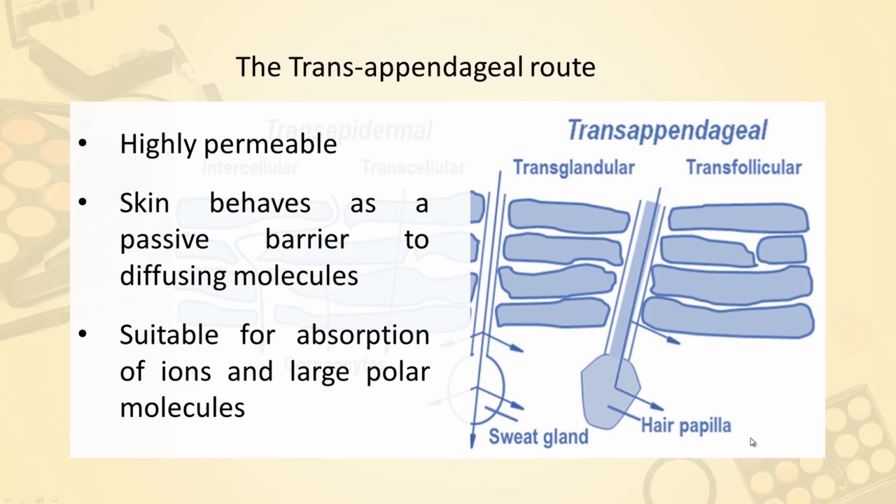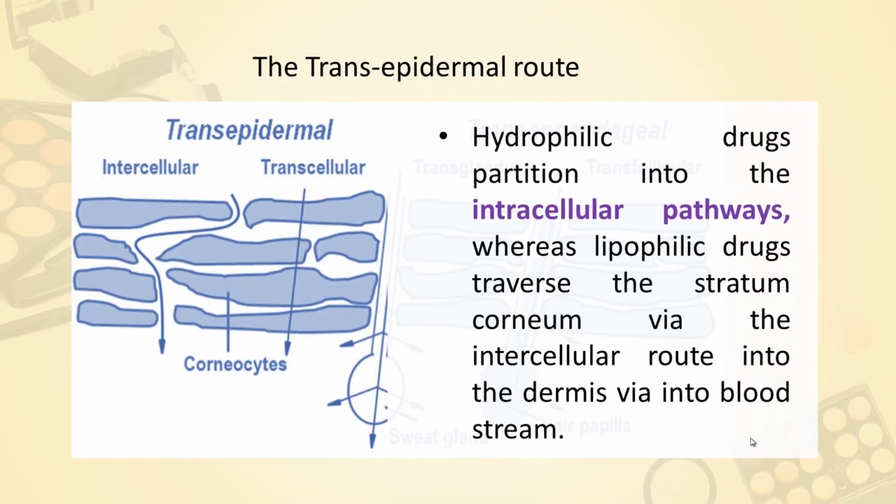So, the skin behaves as a passive barrier to diffusing molecules. Penetration of molecules through the various regions of the skin depends on the type and nature of the compounds. The transappendageal route is suitable for the absorption of ions and polar molecules. Hydrophilic drugs partition into the transcellular pathway, whereas lipophilic drugs travel through the stratum corneum via the intercellular route into the dermis and into the bloodstream.